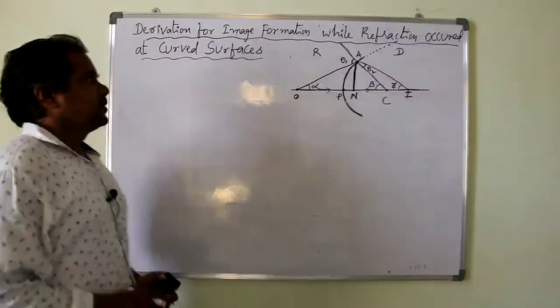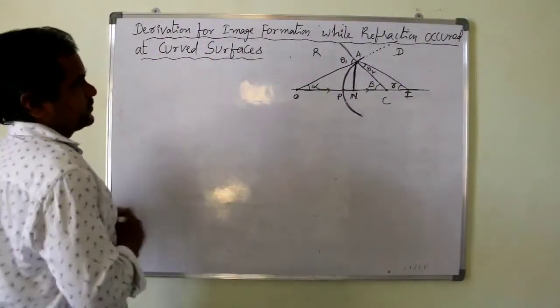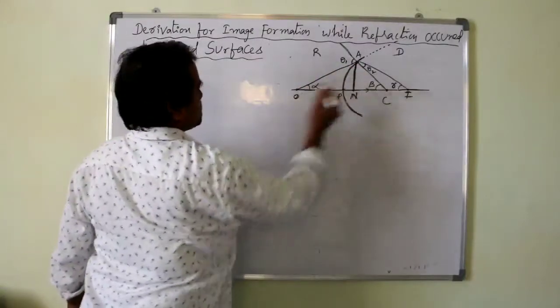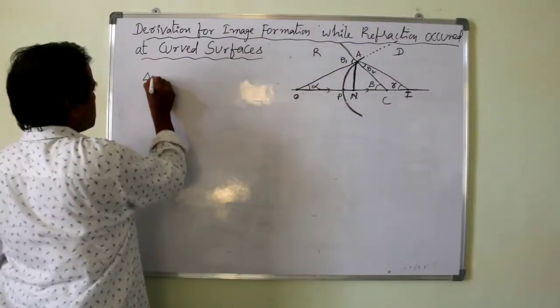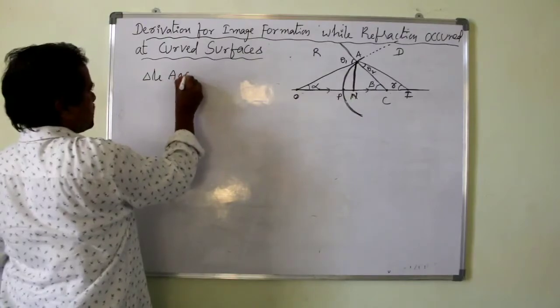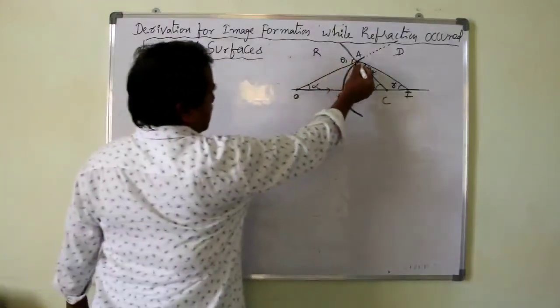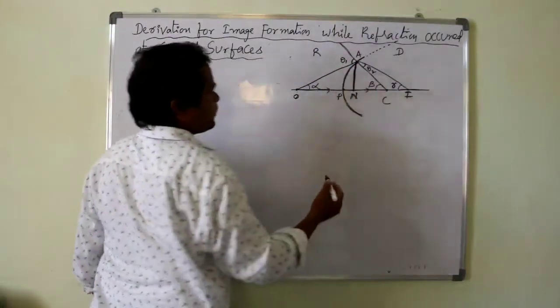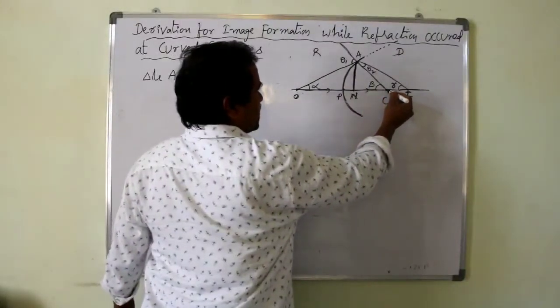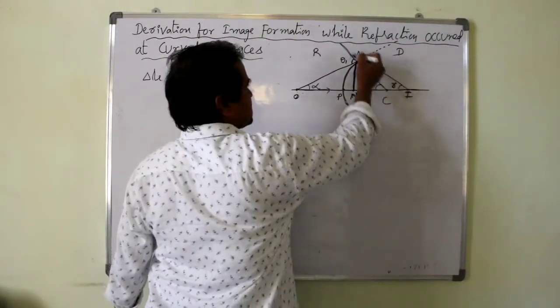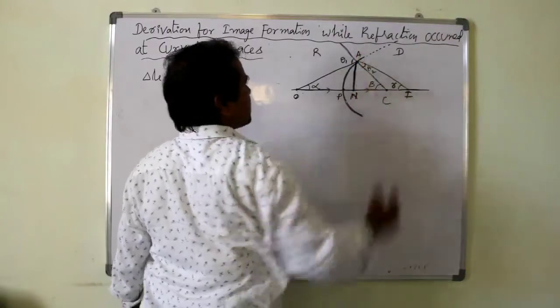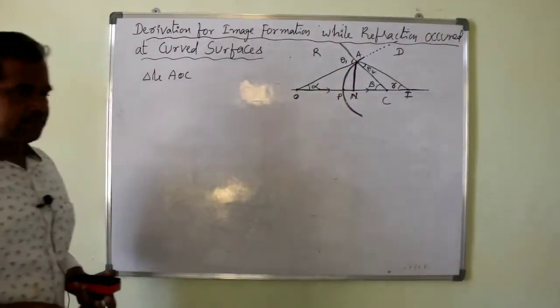So consider triangle AOC. If we extend this AC side, one exterior angle is formed, that is called theta 1.